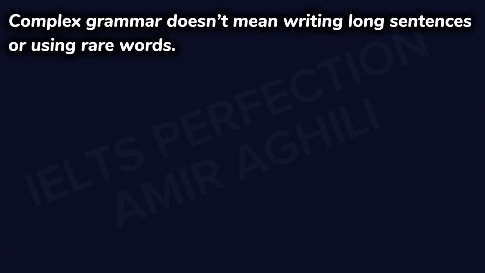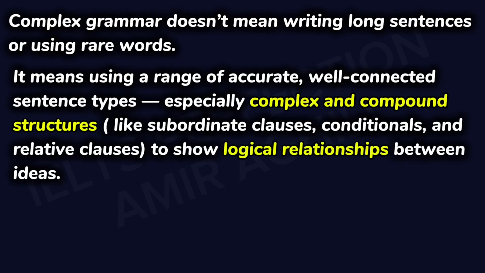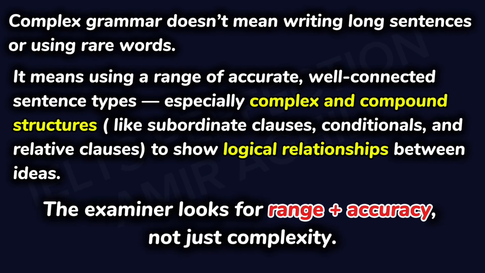Complex grammar doesn't mean writing long sentences or using rare words. It means using a range of accurate, well-connected sentence types, especially complex and compound structures like subordinate clauses, conditionals, and relative clauses to show logical relationships between ideas. The examiner looks for range and accuracy, not just complexity.